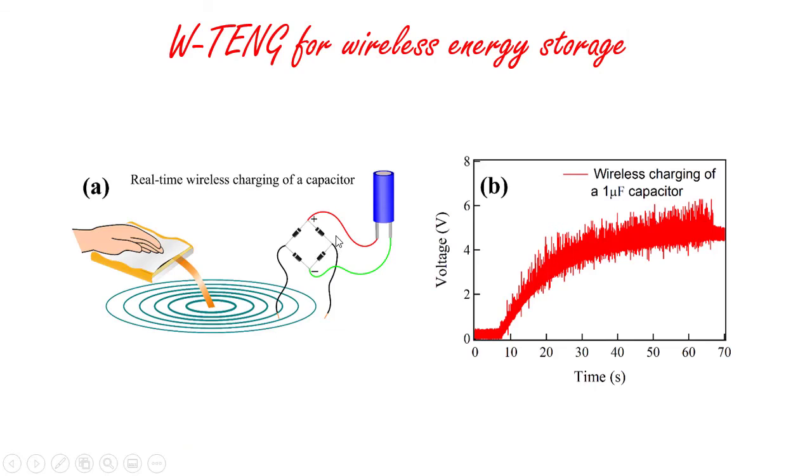You can have a capacitor or a battery, and as you are applying mechanical energy on this, it's producing enough voltage, and we showed that it can wirelessly charge a capacitor, because now there's a voltage difference between these two ends of the circuit. So the capacitor gets charged, and in fact we were able to experimentally charge a 1 microfarad capacitor in a minute by staying 7 meters away without any connection.